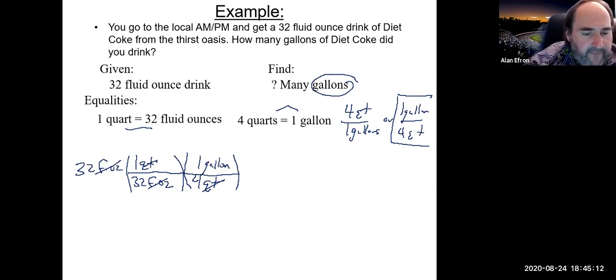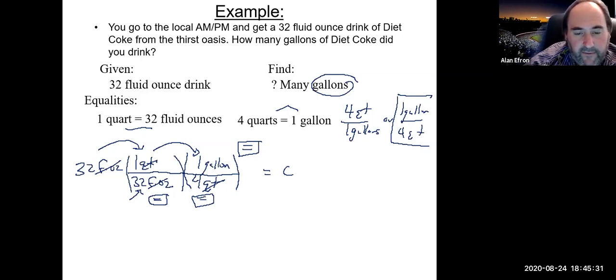In terms of the math, we're going to take 32 times 1 times 1. I would hit equals at that point. Then we will divide it by 32, hit equals after that, and divide it by 4 and hit equals after that as well. If you do that, you will end up with 0.25 gallons.